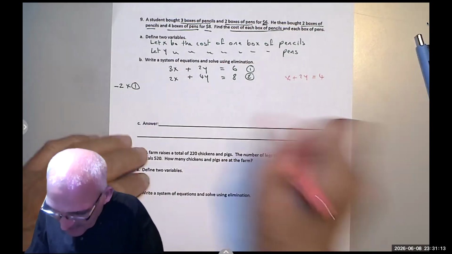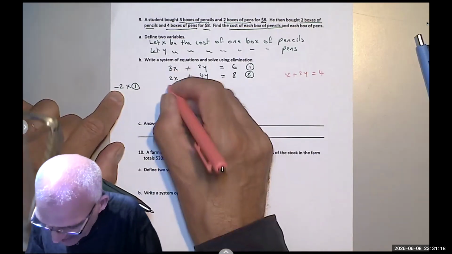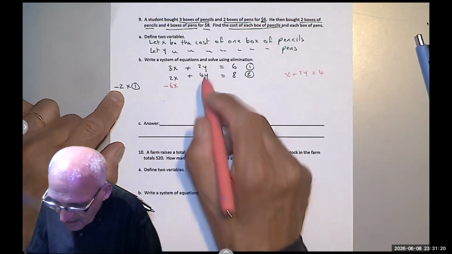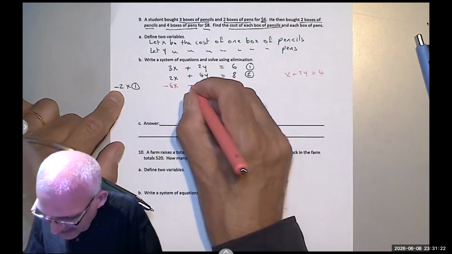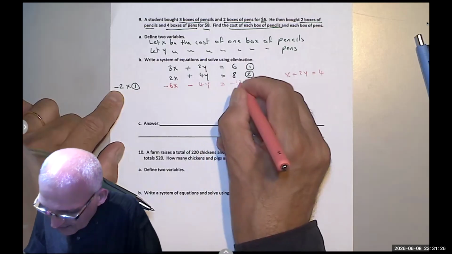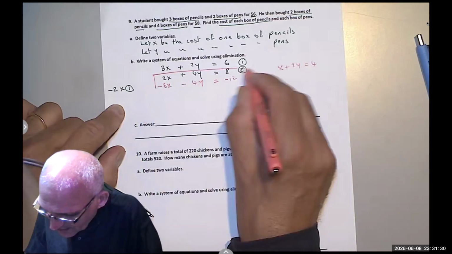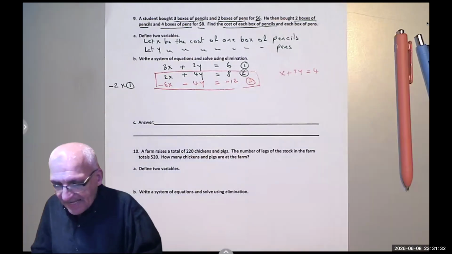So when I do that, the first equation becomes negative 2 times 3 is negative 6X, negative 2 times 2 is negative 4Y, and negative 2 times 6 is negative 12. And then I'm going to consider 2 and 3. Add them up.